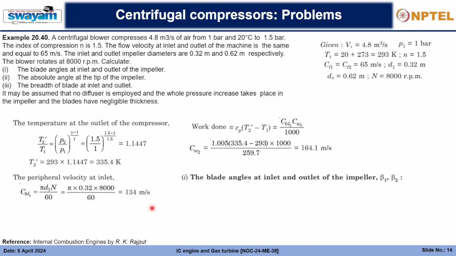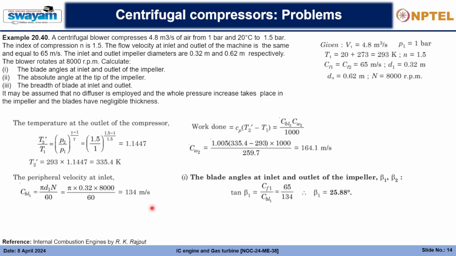Next, we calculate the blade angles at inlet and outlet of the impeller, beta 1 and beta 2. We needed to know the velocities, and we now know them, so we will calculate the blade angles from this.